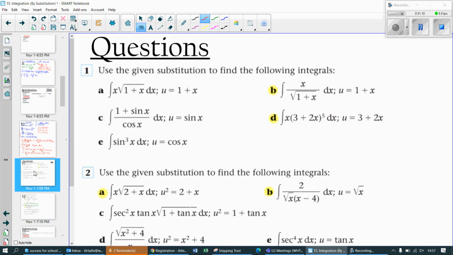Yeah? Okay. Can you have a go at these 2 questions? Can everyone read that? Yeah? Okay. Have a go at those 2 questions, please. The substitution is given to you. So in the first one, it's just u equals 1 plus x, and the second one is u equals 3 plus 2x.